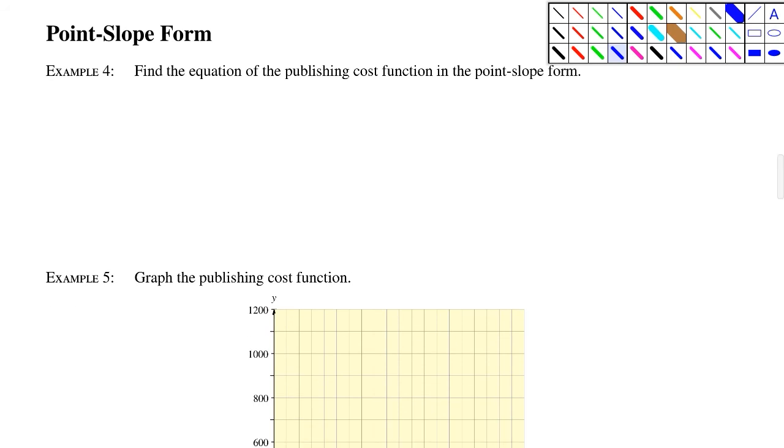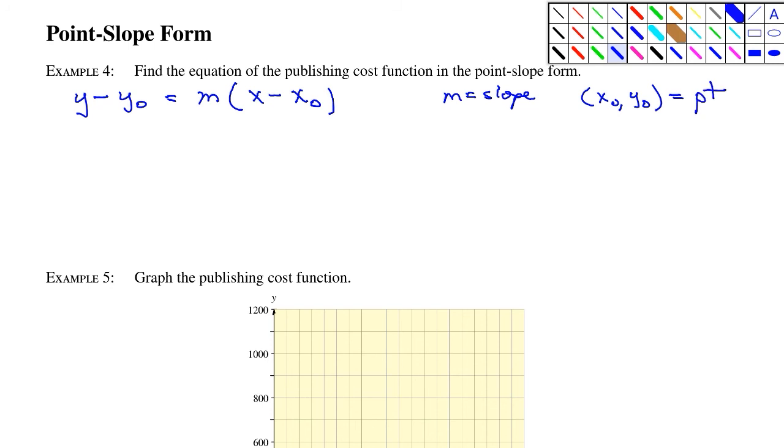Another form of the equation that we use a lot is called the point-slope form. The point-slope form is y minus y naught is equal to m times x minus x naught, where m is the slope and x naught, y naught is just equal to some point that's on the graph of this equation.